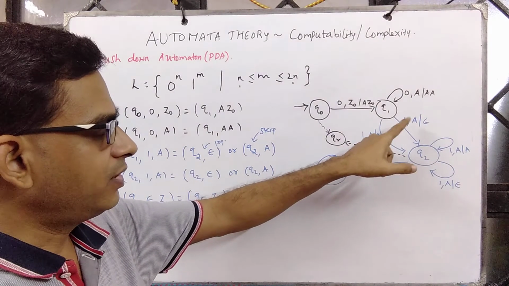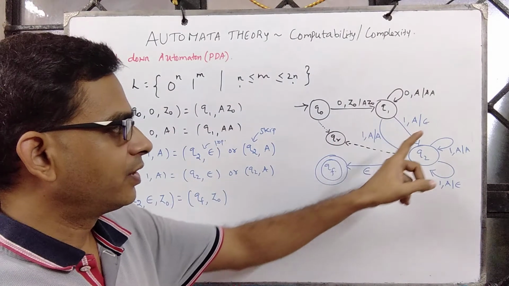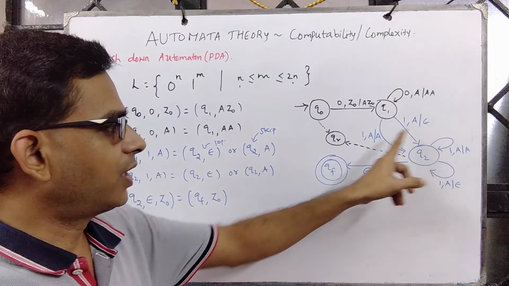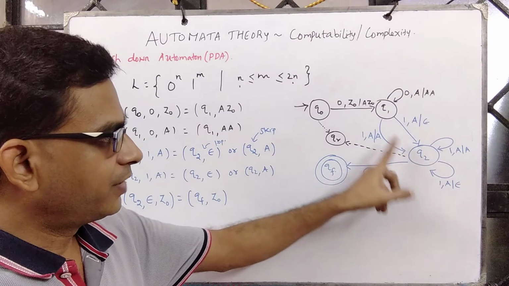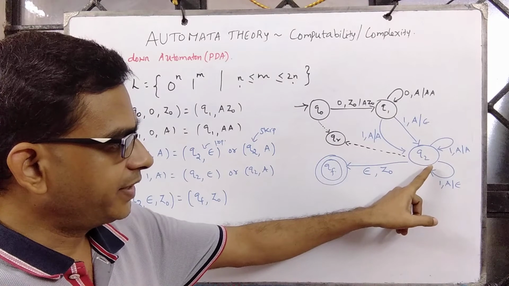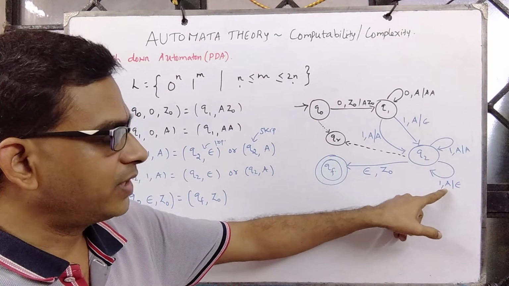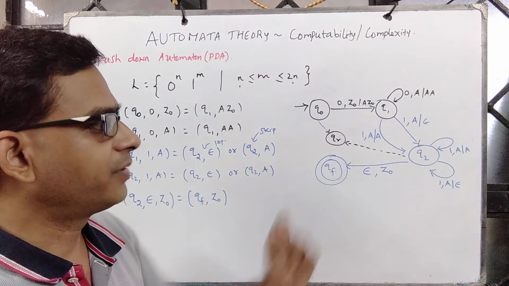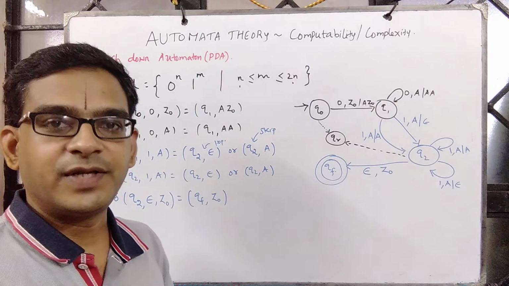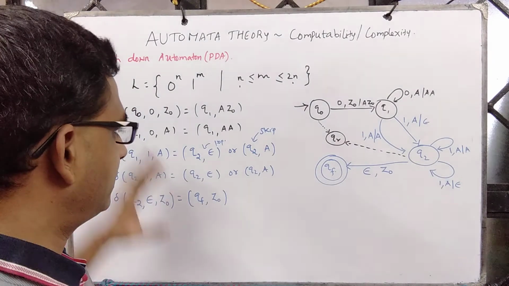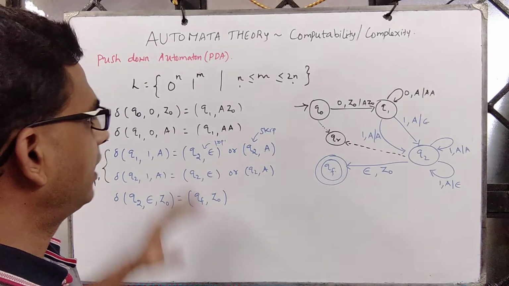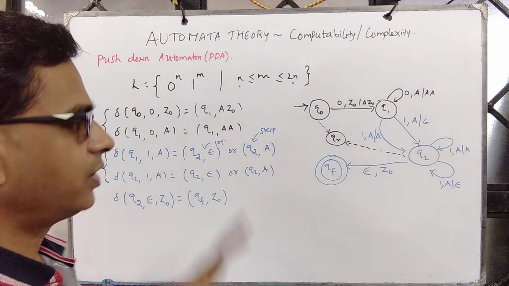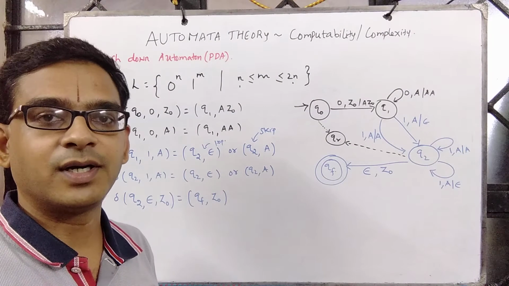On reading 1, seeing A, should I pop or skip and go here? If you skip and you come over here, for the second one you pop. Because of that, this design inherently brings non-determinism, and this language can only be solved through a non-deterministic push-down automata.